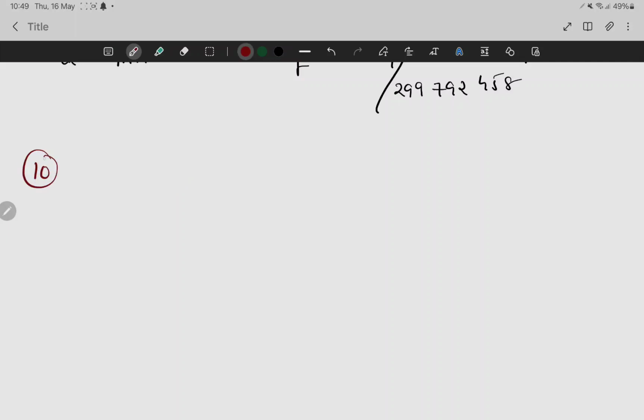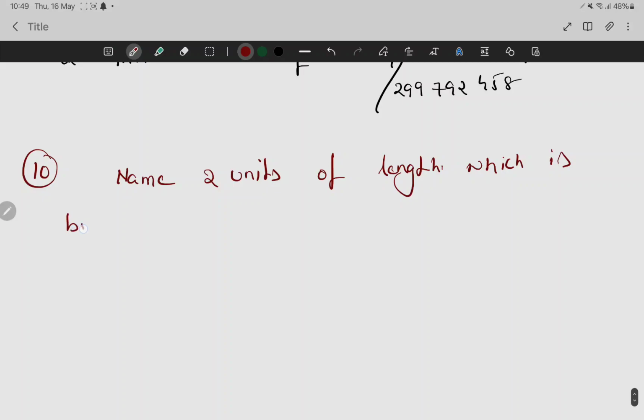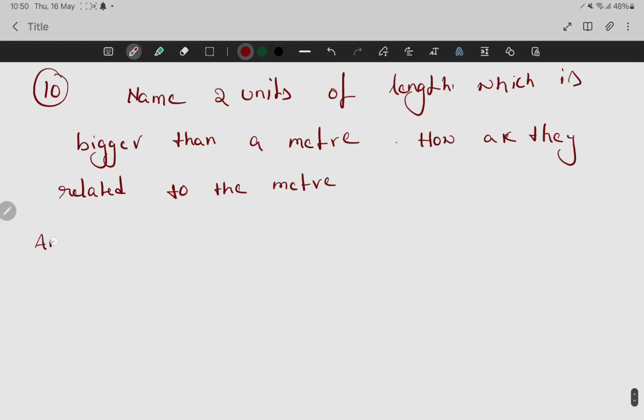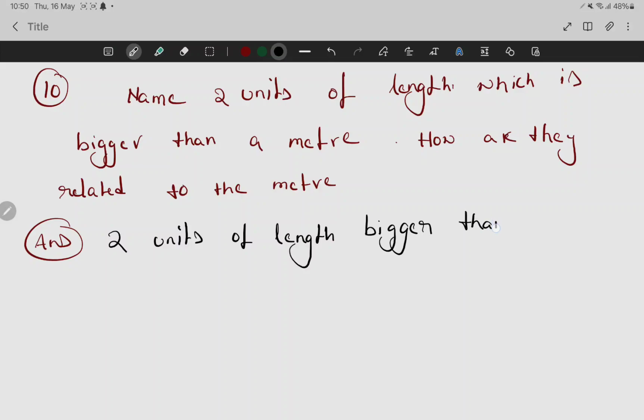Next question. Name 2 units of length which are bigger than a meter, and how are they related to the meter? So let's see the answer.